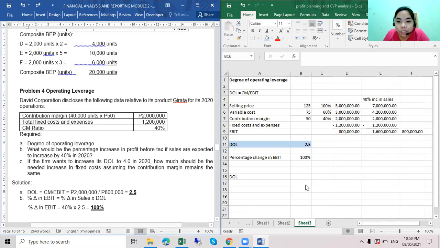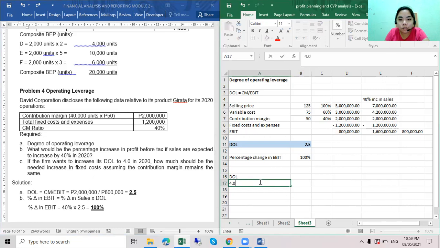So your EBIT is unknown and your CM is still the same, 2 million.